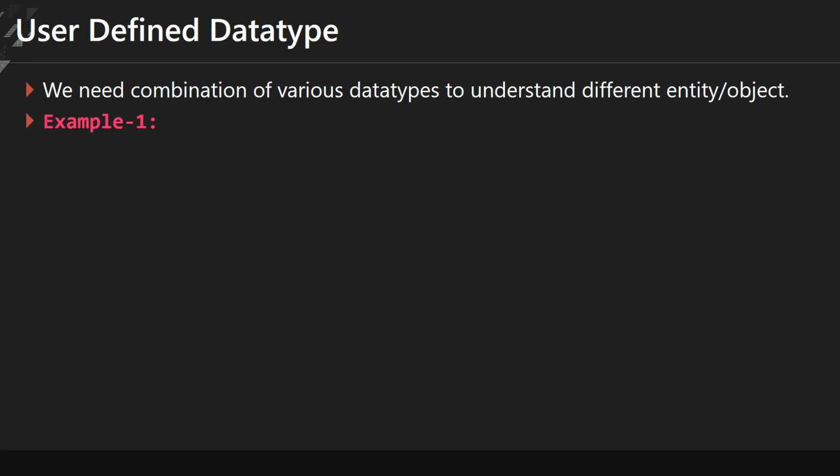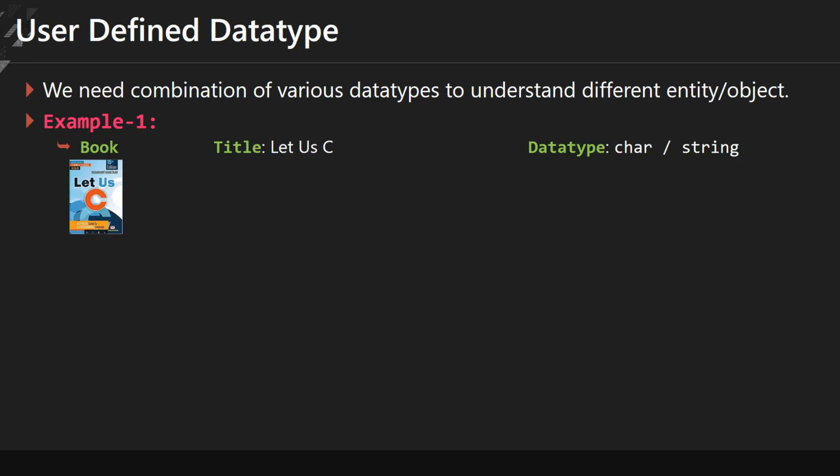For example, there is a book. If you say a book is one of the structured data types, a book has a title, whose type is character or string.